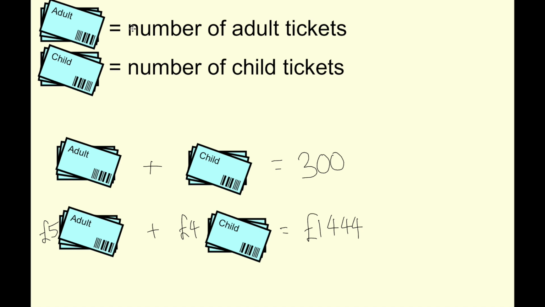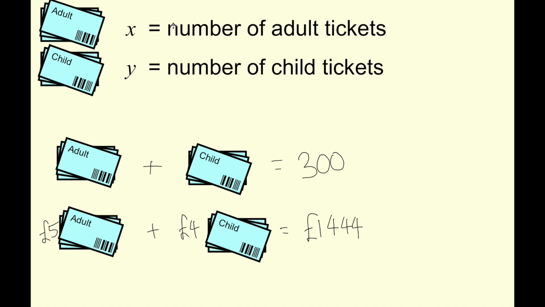Now, at the moment, I've just been using these images to represent that. With algebra, as you know, we use the letters to help represent. So we can replace these images here with these letters.